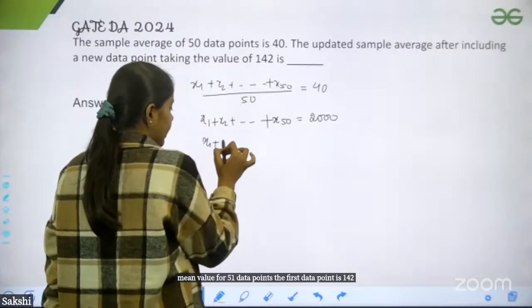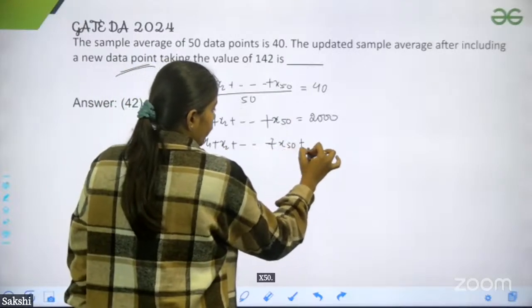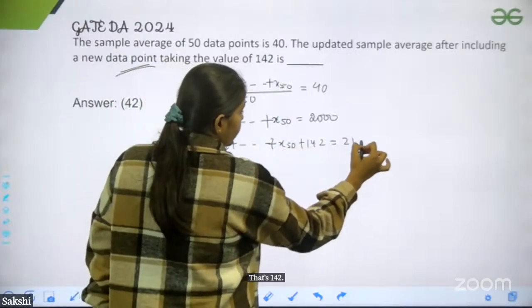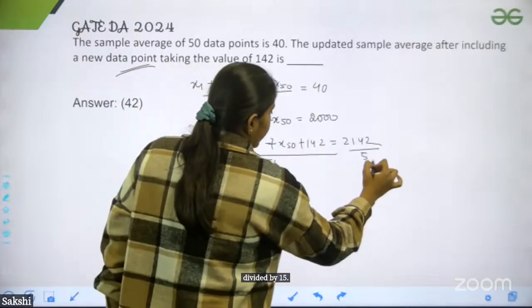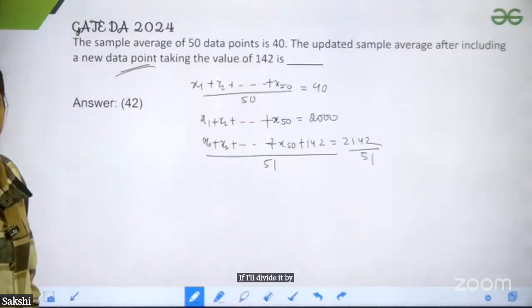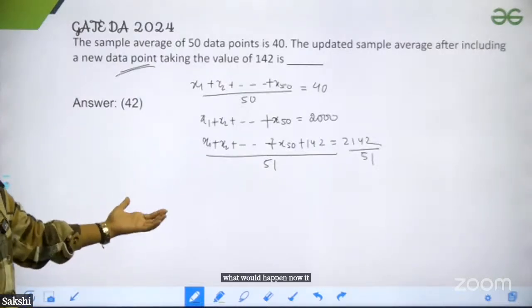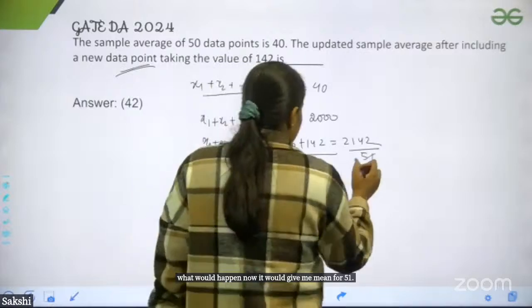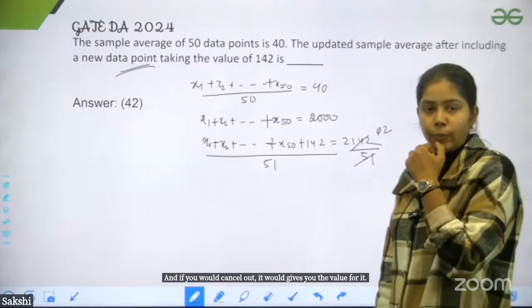So x1 plus x2 plus up to x50 plus 142 would be 2142, divided by 51. If you cancel out, it gives you the value 42. So 42 would be the new mean.